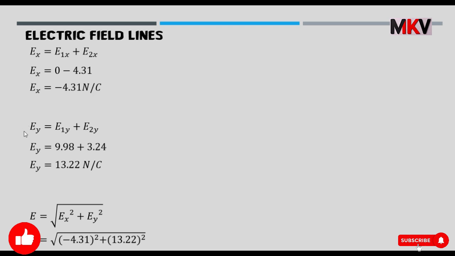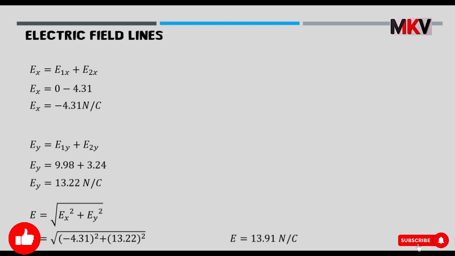Then our Ey equals E1y plus E2y. Doing the substitutions, Ey equals 9.98 plus 3.24. So our Ey is equal to 13.22 Newton per Coulomb.